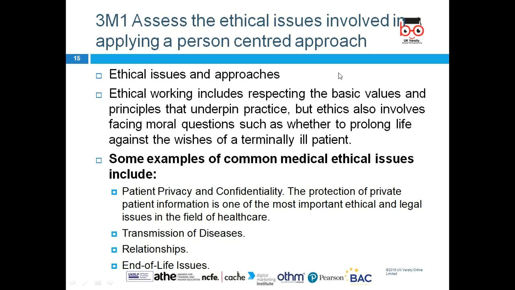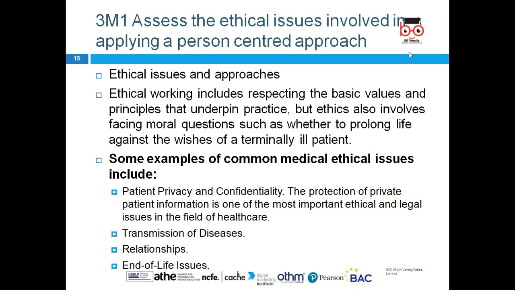So 3M1, which is assess the ethical issues involved in applying a person-centered approach. When we're doing ethical working, it can be done by respecting the basic values that we talked about earlier, things like care, compassion, and good communication.